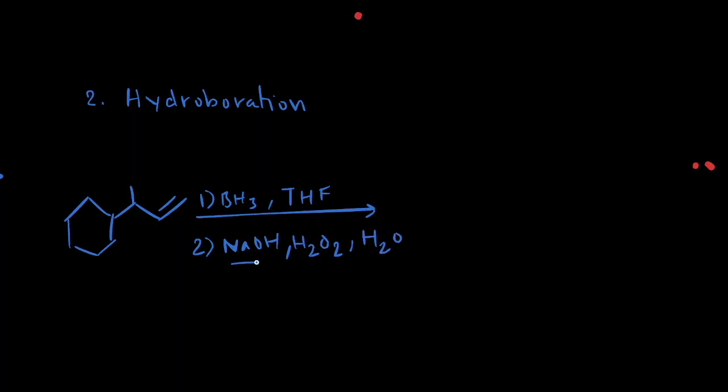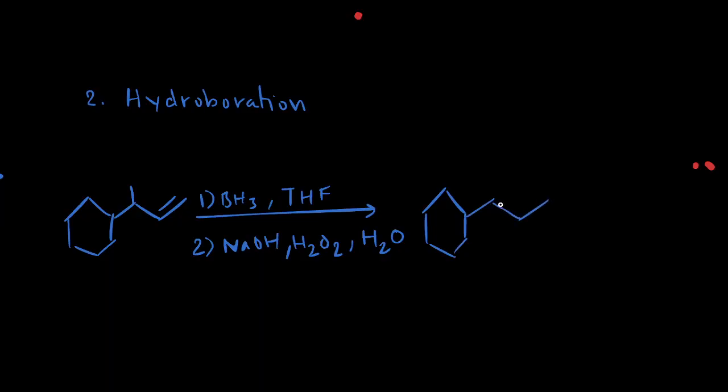Now, the order of these reagents does not matter, but just know that you have to have your BH3 and THF on top, followed by NaOH, H2O2, and H2O in any order of your choosing on the bottom. So what we'll see then as the actual product that we form for hydroboration is, interestingly enough, just your anti-Markovnikov product.